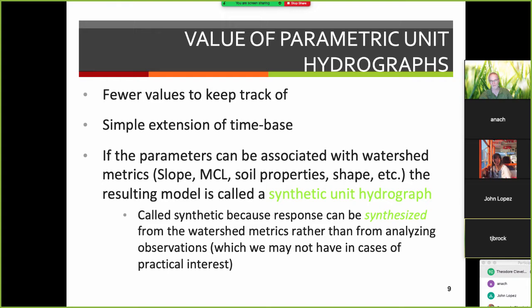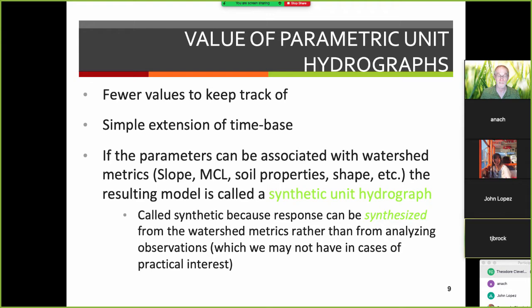So when you see the word synthetic unit hydrograph, all that means, it's jargon for, I have a unit hydrograph function, and I have a way of associating the slope, the area of the watershed with numerical values of those parameters. It's called synthetic because the response is synthesized from metrics rather than observations.